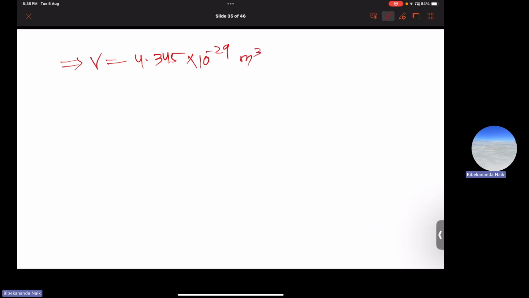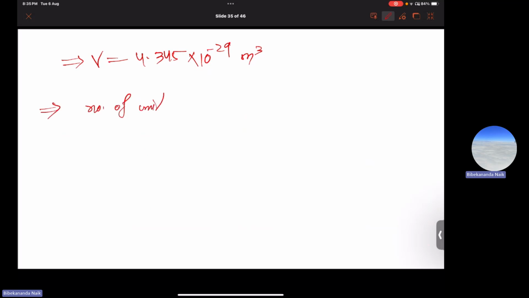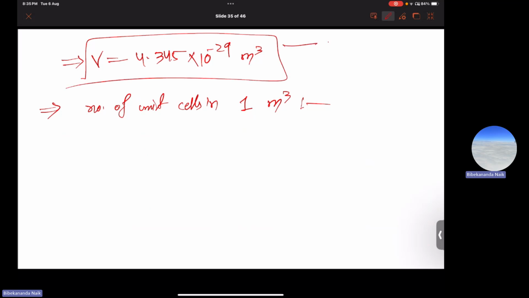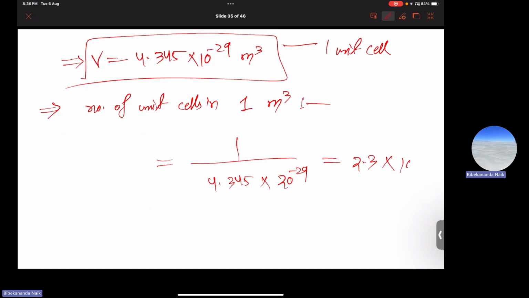And so the number of unit cells in 1 meter cube will be, since this is the volume of one unit cell, 1 divided by 4.345 into 10 to the power minus 29, which will give 2.3 into 10 to the power 28.